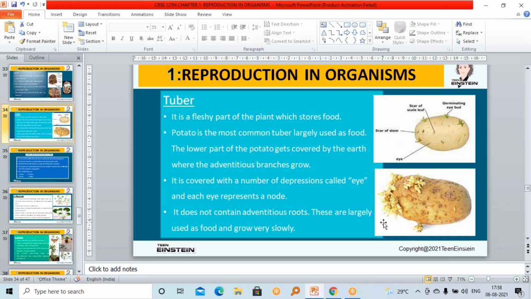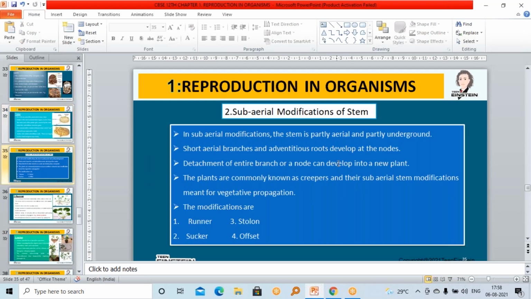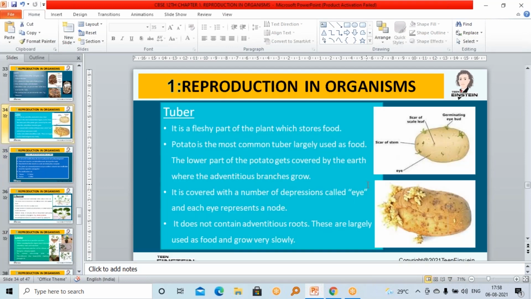In the case of tuber, adventitious roots are usually absent. So fleshy part of the plant which stores food, and potato is the main common example, which is mainly used as food. The lower part of the potato gets covered by earth, mostly covered with soil.